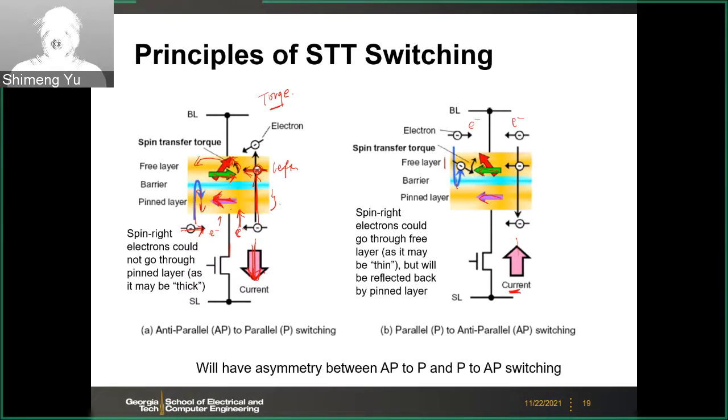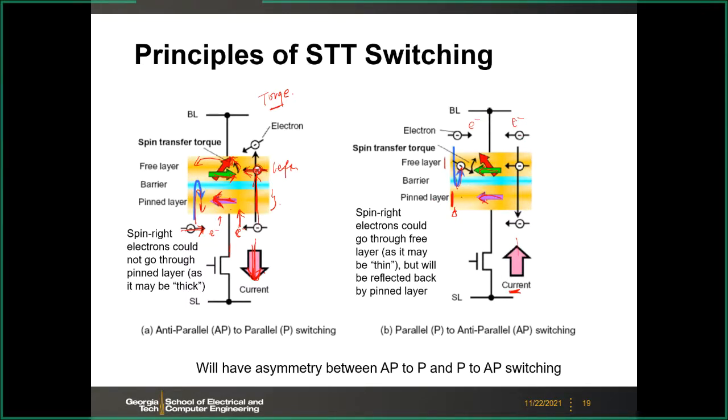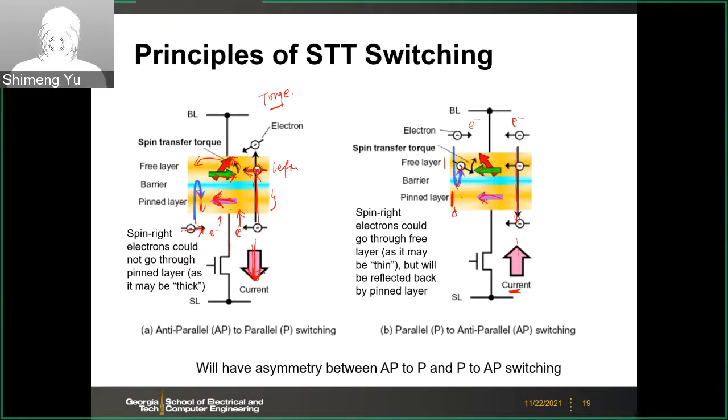And then when the electrons meet the pinned layer, as we discussed earlier, the pinned layer is kind of thick. So then the spin right electrons cannot go through the pinned layer. They will be reflected back. But the spin left electrons will go through all the way down, because here is all the left.